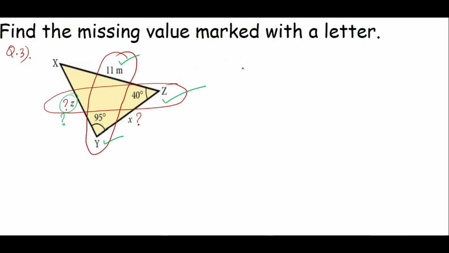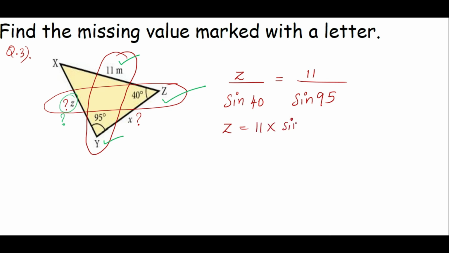Applying the sine rule, I have z over sine 40 equals 11 over sine 95. So my z is going to be 11 times sine 40 over sine 95, which is equal to 7.0976 from your calculator.